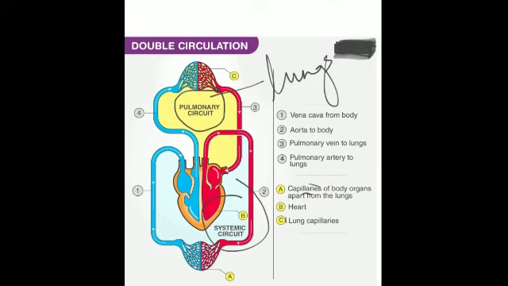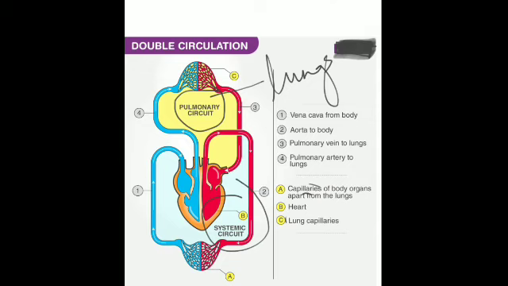So I have already shown this to you. That is how the blood is carried from the right atrium into the right ventricle, and then from the left atrium into the left ventricle. But here we are concerned about the pulmonary circulation, that is, it is flowing from the right ventricle to the lungs, which get oxygenated and return to the left atrium by the pulmonary vein. Is it clear? So you can see why this is known as pulmonary circulation.